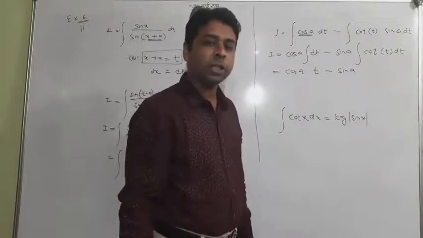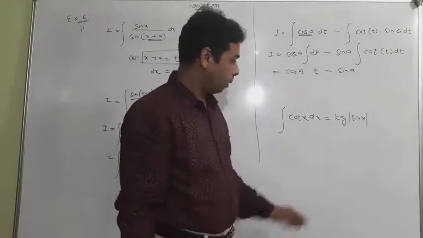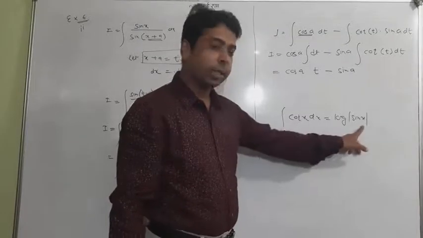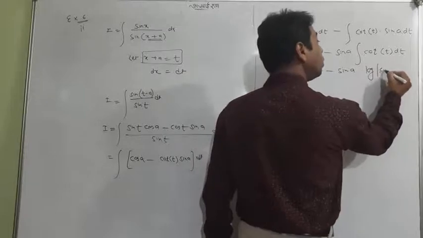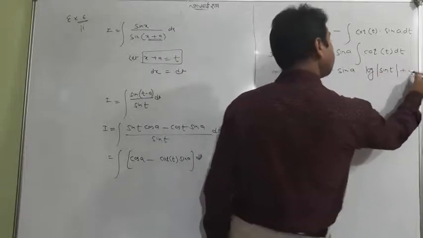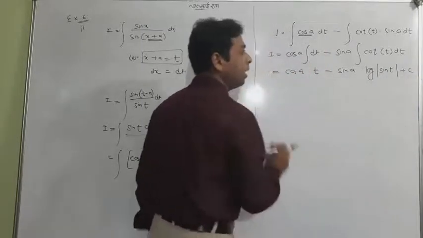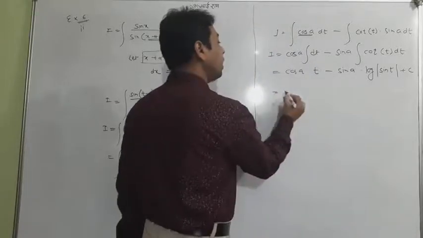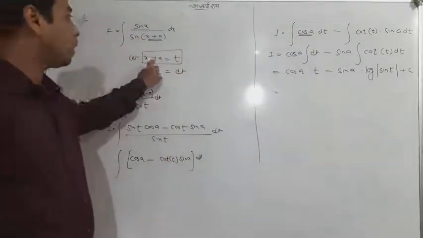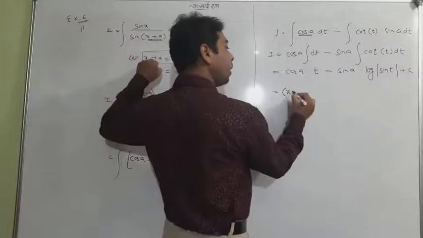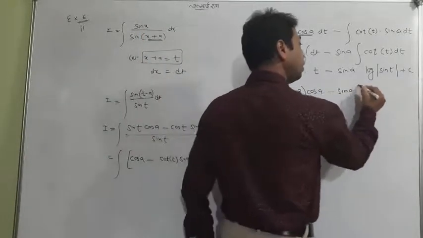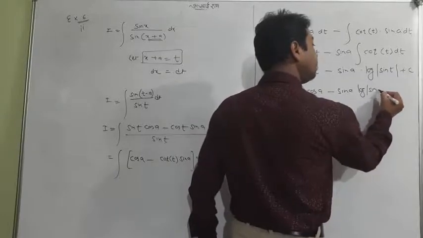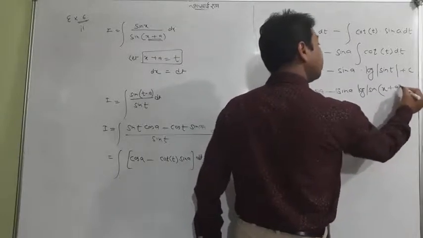I have already done the derivation of all the formulas in the last class, so I think you have seen and observed it. This is the formula of cot x, log sin x. So the integral of cot t is log sin t, plus c. This formula is applied in the form of t. Lastly, you have to put t equal to x plus a. So t equal to x plus a gives cos a minus sin a log of sin of x plus a, plus c.